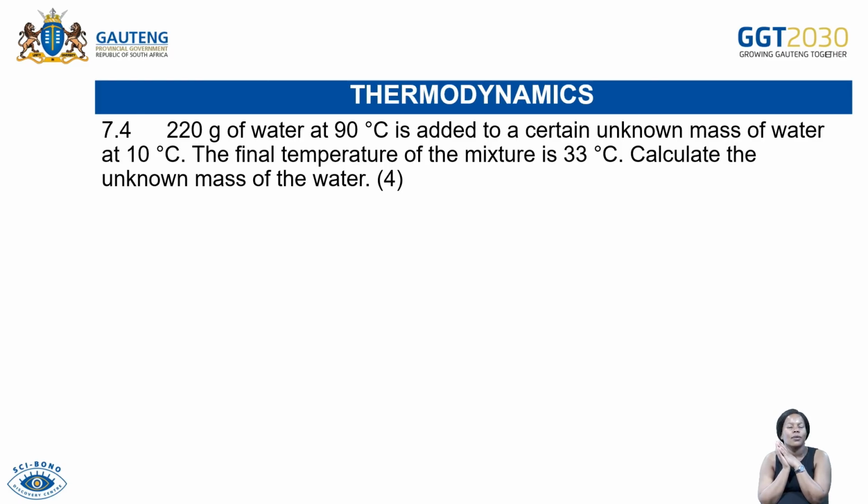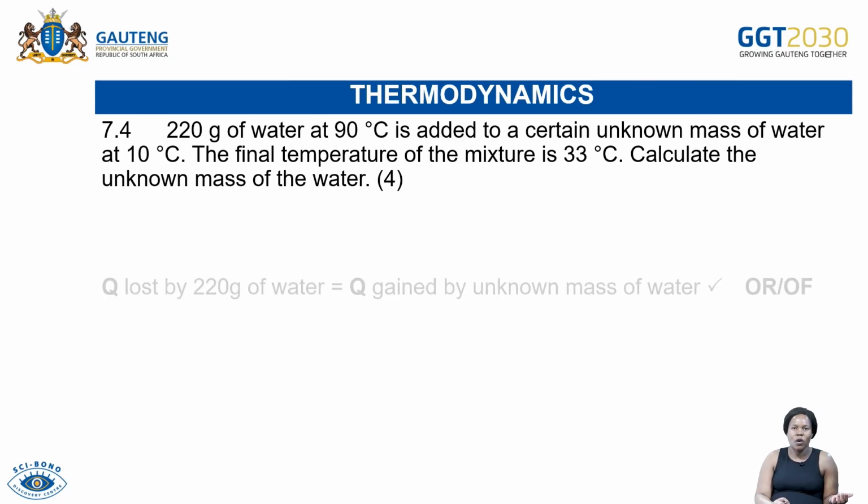Calculate the unknown mass of the water. So you've got your 220 grams of water at 90 degrees Celsius that is being added to another unknown mass of water. The second mass is unknown, but we know that its temperature is 10 degrees Celsius. Now we have to find the mass of this unknown water.